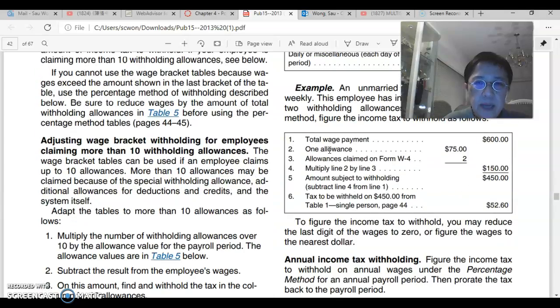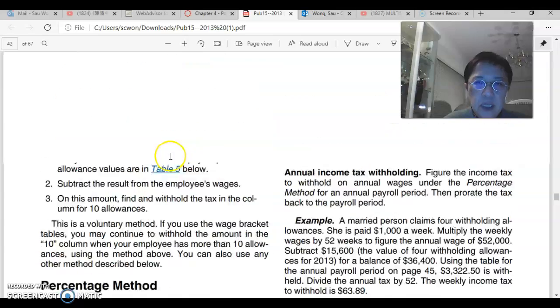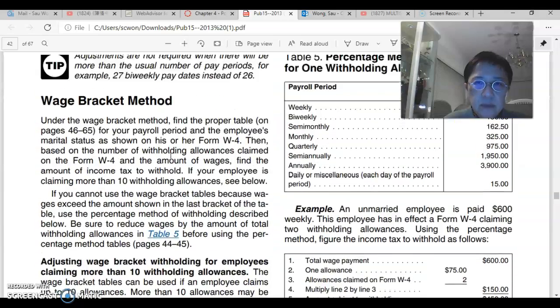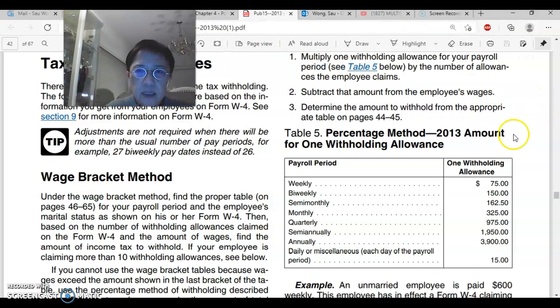Publication 15, page 42, is where the withholding allowance amounts are. For weekly pay, this is for one withholding allowance only. If you have 2 withholding allowances, you have to take 75 times 2.